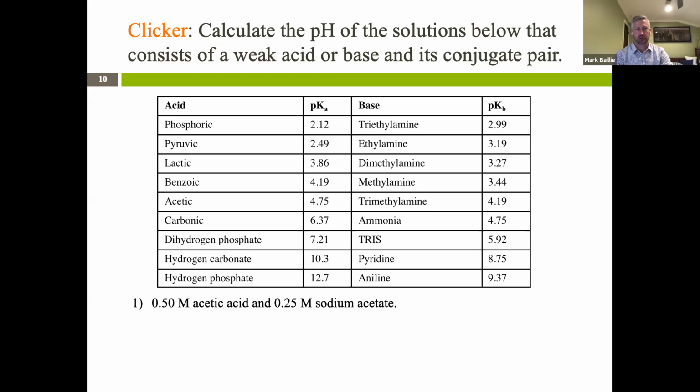And when you found your answer, go ahead and click it in. All right, we've got 5 responses. Make sure when you find your answer, click it in.